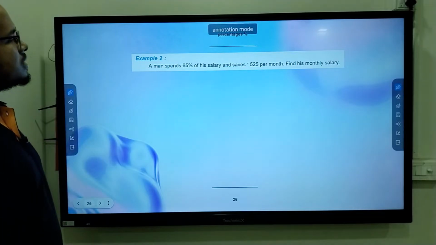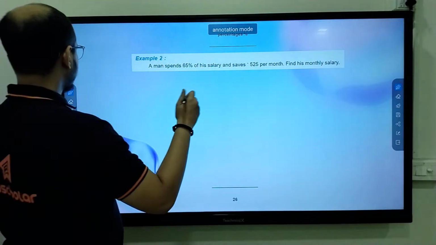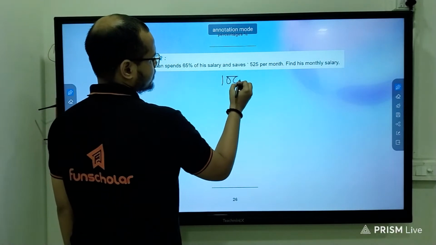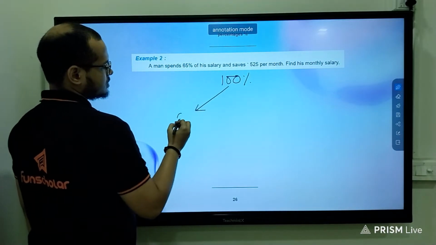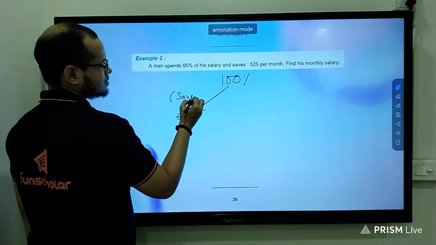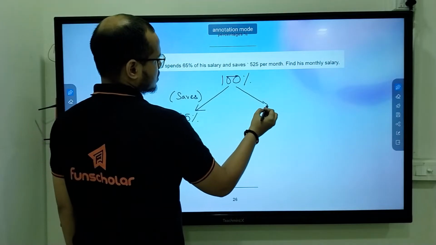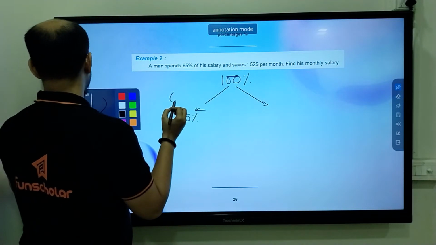Next. A man spends 65% of his salary and saves 525 per month. Find his monthly salary. So let the total salary be 100%. It's written here that he spends 65%, my mistake.